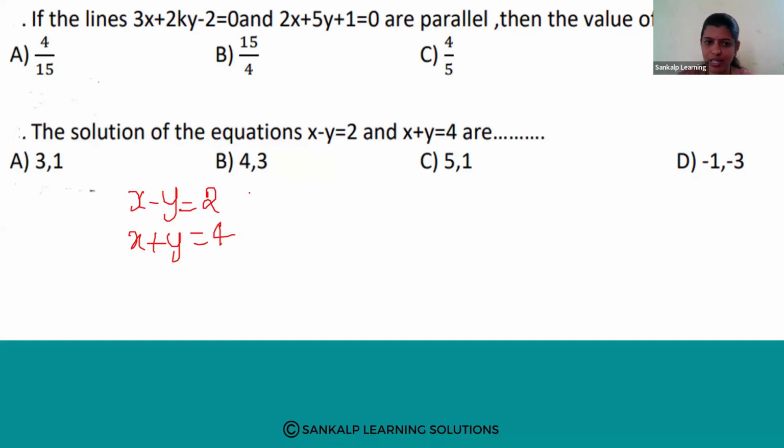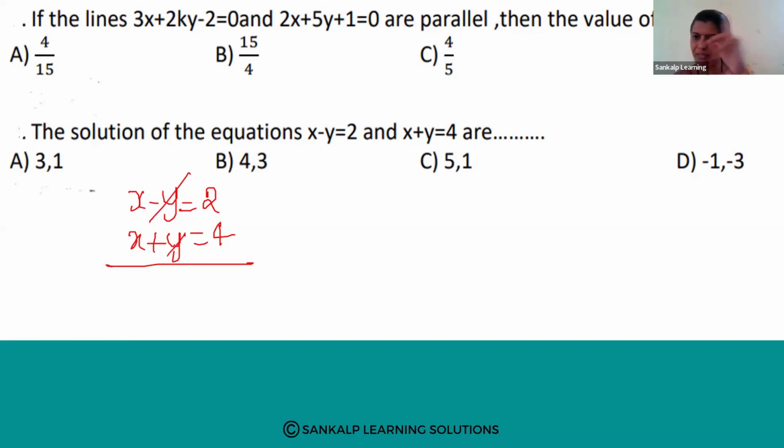When you compare the ratios, what will you get? Here we want solutions. So we find the solutions by the substitution method, or you can do it by the elimination method. The elimination method is very simple. Here minus y is there, here plus y is there.